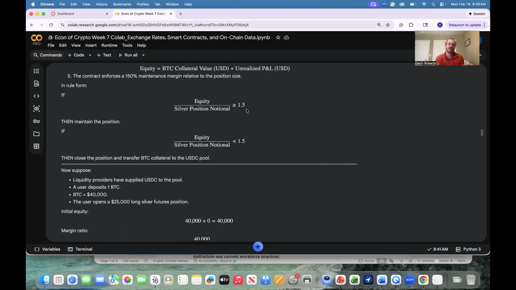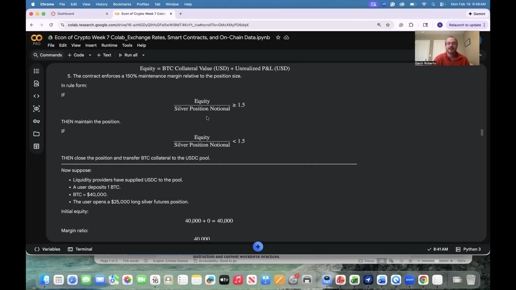So if I put in $100, on day one, before silver moves at all, I put $100 worth of Bitcoin value in. That's my equity, so that will be 100. And then if I bought, let's see, 1.5, is that right? No, 3 over 2.